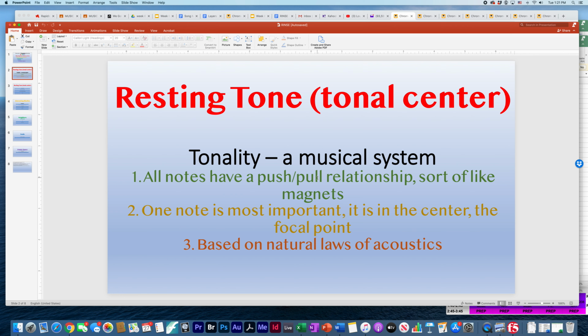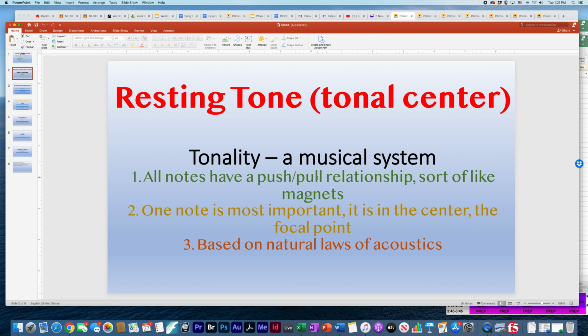Okay, let's start with the resting tone. The resting tone is also called the tonal center. What you need to know is that our system of music here in the western part of the world is called tonality. It's a system of music, and there are 3 basic ideas.